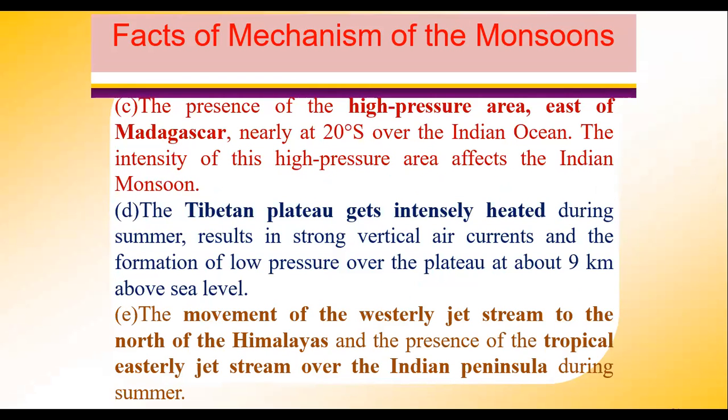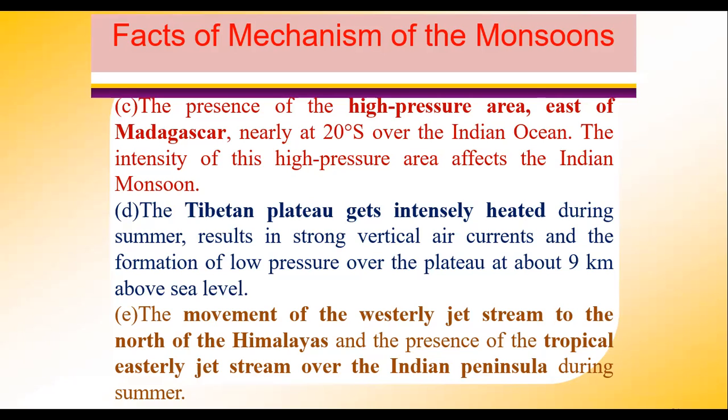So this is the intertropical convergence zone. As and when this ITCZ position changes, it also affects the monsoon season.